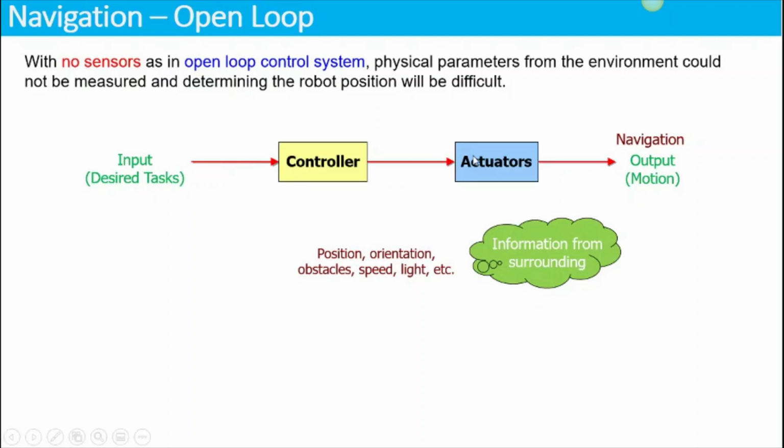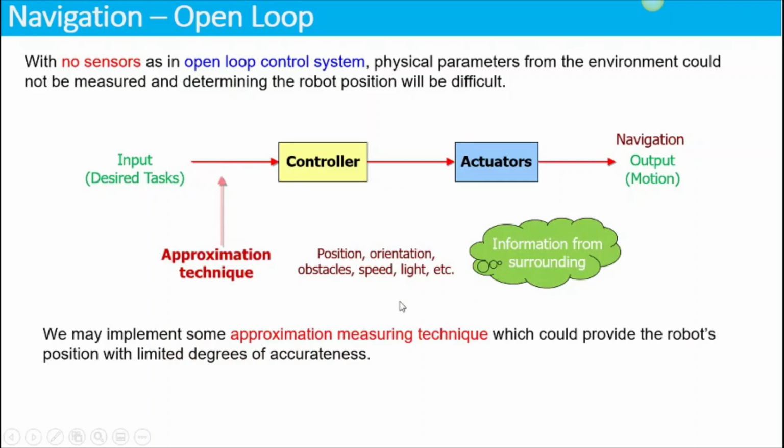But in an open loop system, since there are no sensors, this information is not being used. Okay, so in this technique we are going to use an approximation technique which could provide the robot position but with a limited degree of accuracy.